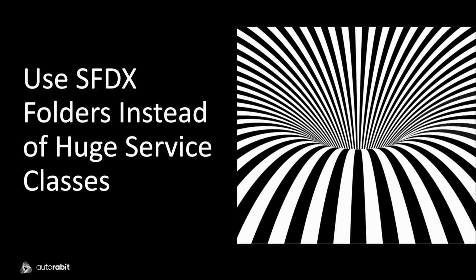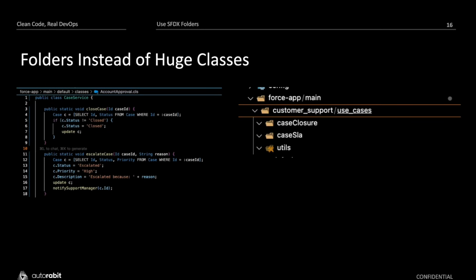And so the first practice is that, if you're following AWAF, you should use Salesforce DX folders instead of huge service classes. So what I have here on the screen is on the left, there's the typical case service, which is what the Financial Force library recommends, where you have one big class where all the APIs and all the functionality for the case object goes.